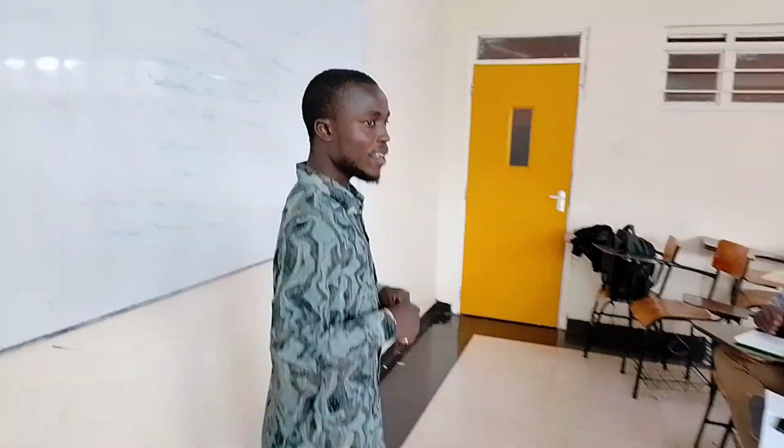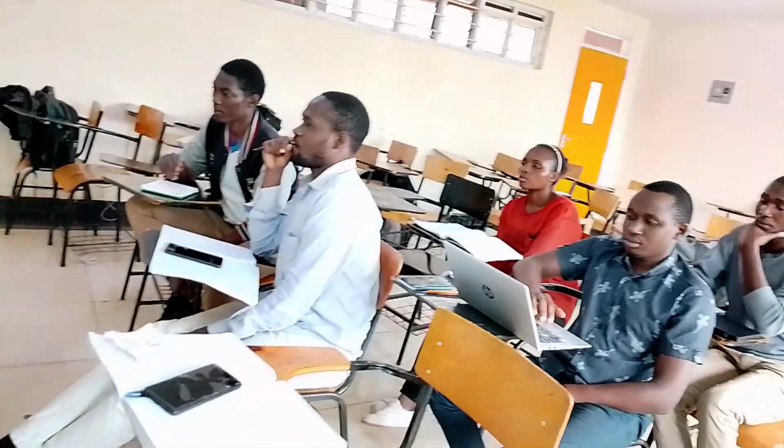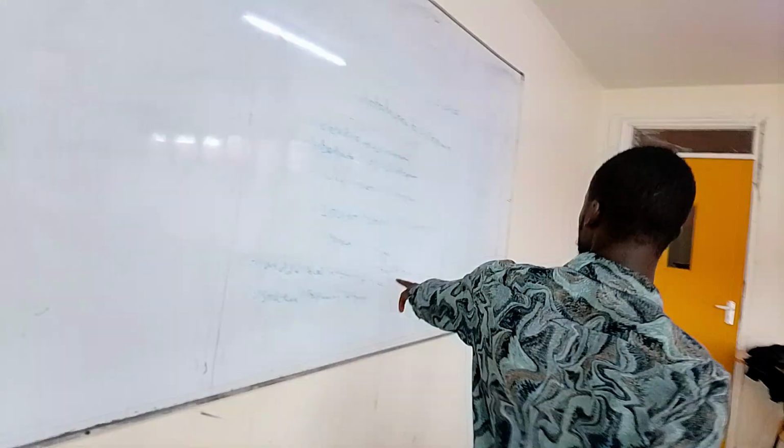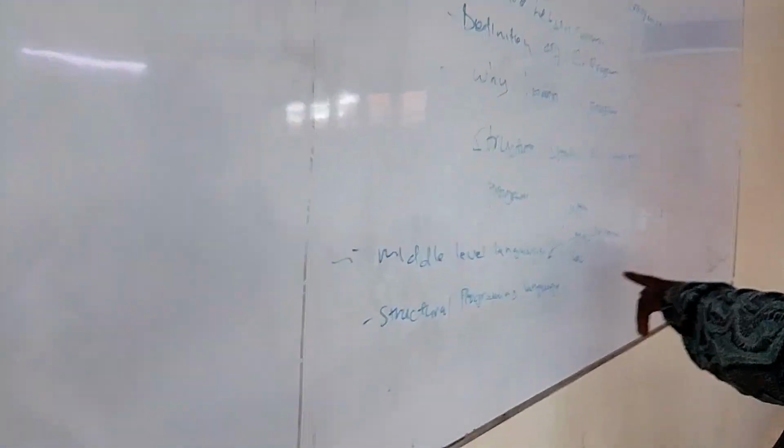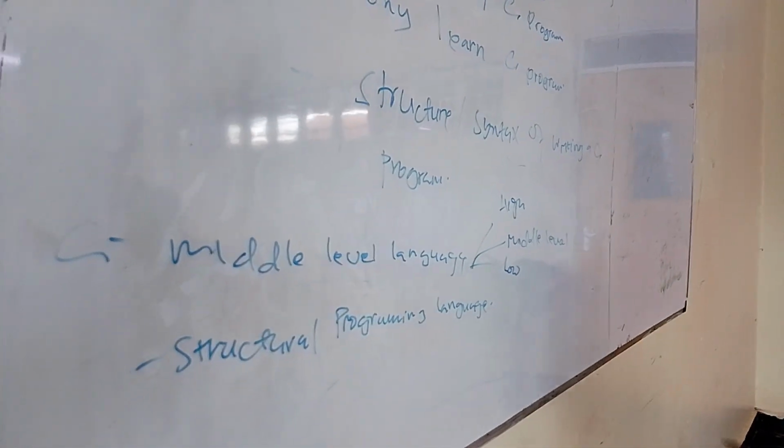So, as our madam has told us about the mid-level language, how many levels do we have in the programming language? We have three: the high level, the low level, and the mid. If anyone may ask, what is the difference between these levels of languages?